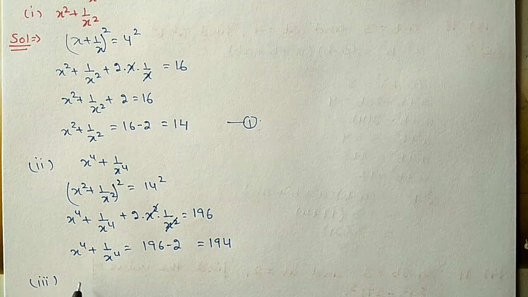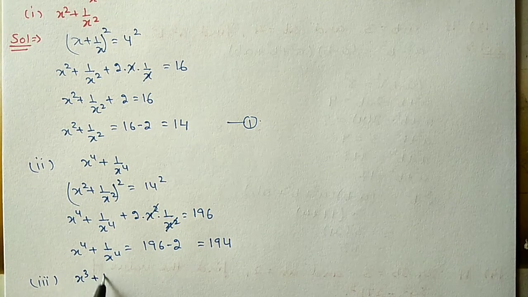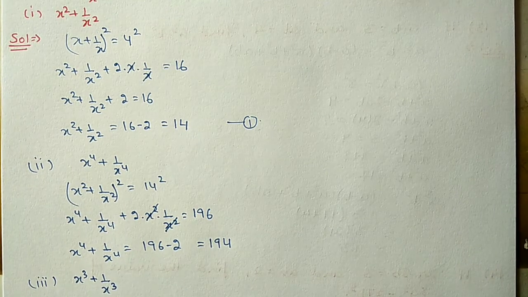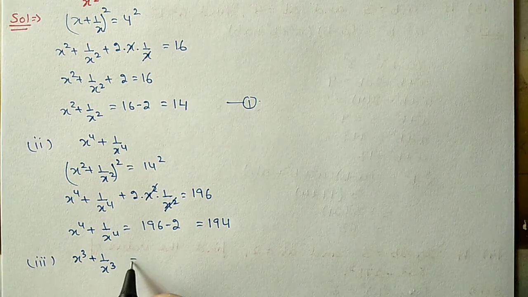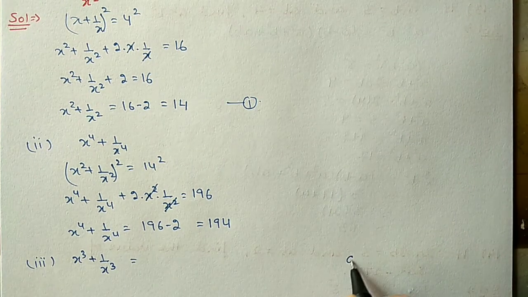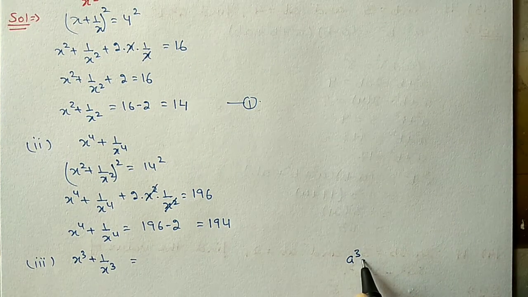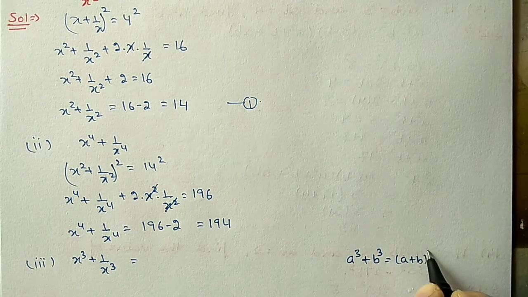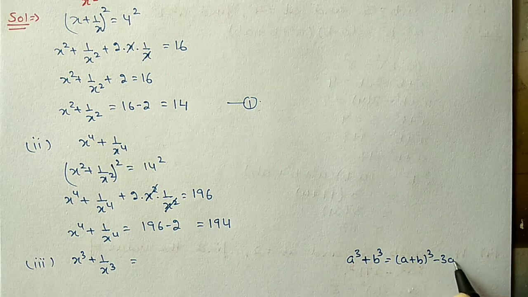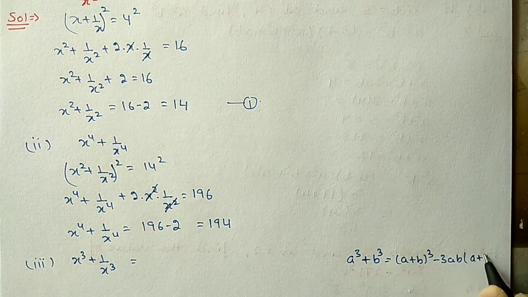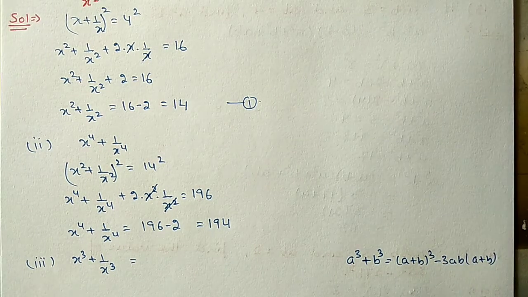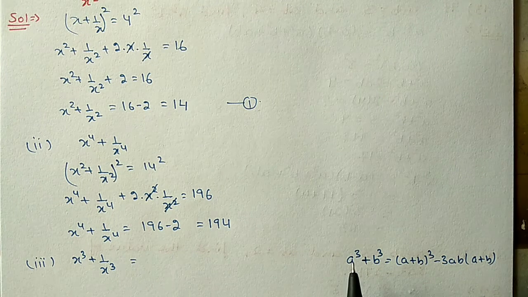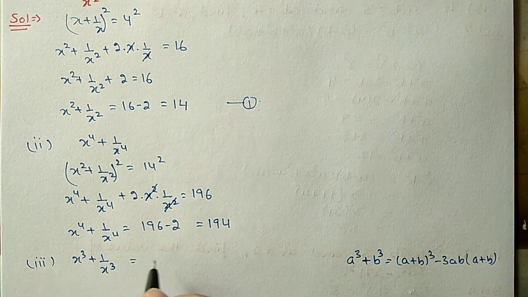Third, we have to find out x cube plus 1 by x cube. Here we can use the formula a cube plus b cube is equal to a plus b whole cube minus 3ab into a plus b. This formula we can use here. So in place of a we have x, in place of b we have 1 by x. So we will apply the formula.